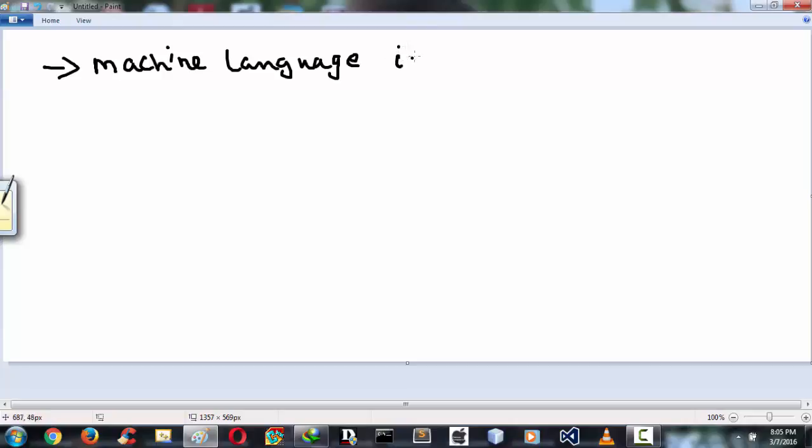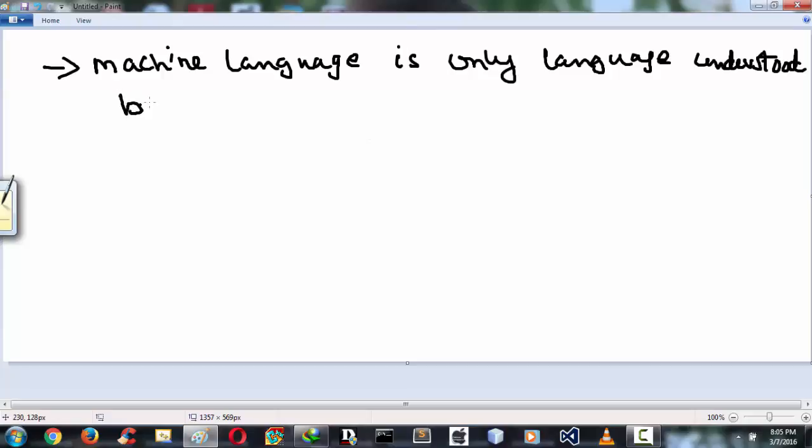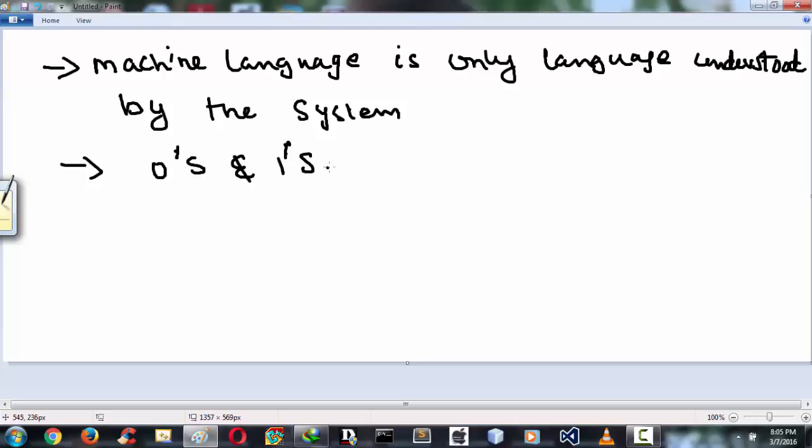Okay, so machine language consists of nothing but zeros and ones.